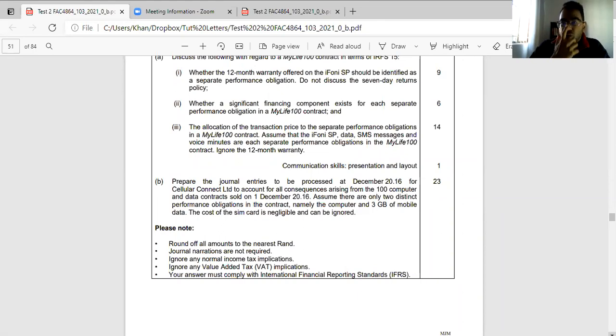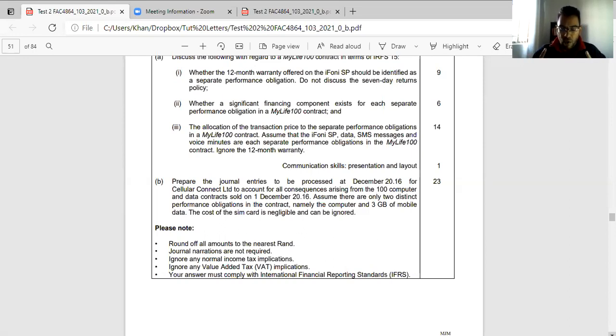So all consequences. Remember there was a contract, the inception of the contract took place on 1 December. We need to have a look at what we will recognize at 1 December, at contract inception.